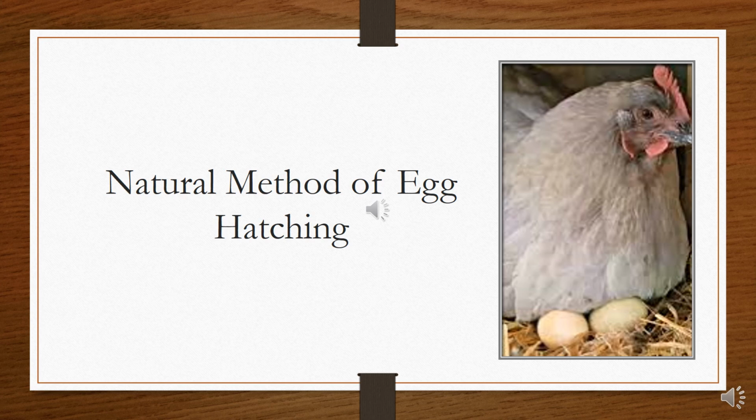The nest of the hen may be covered with cloth. Granular food and water should be kept near the nest of the hen. Every day at a definite time, the hen should be allowed to move.